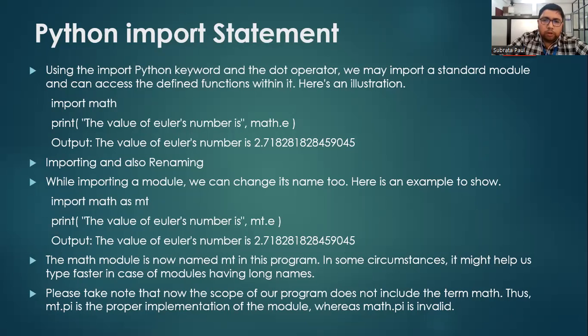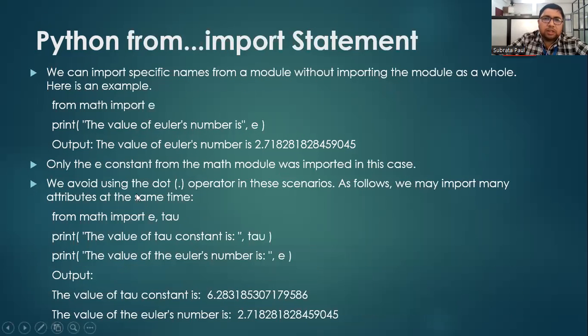Now here you can see the from import statement. Let us consider this second way of importing a module. Here we import specific names from the module without importing the module as a whole.